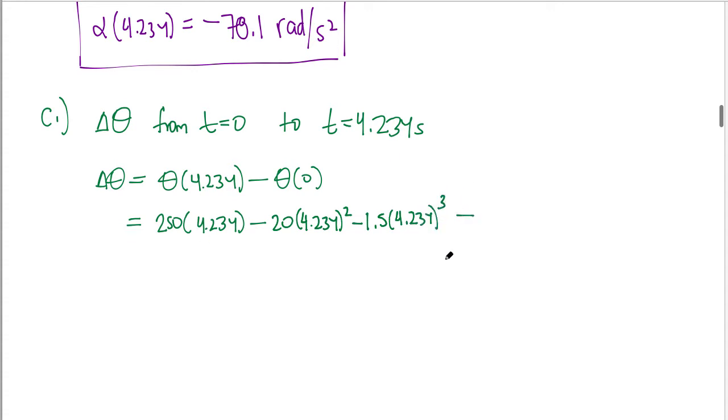Since all of these terms include a t, theta of 0 will just be 0. So my delta theta in radians is about 586 radians.